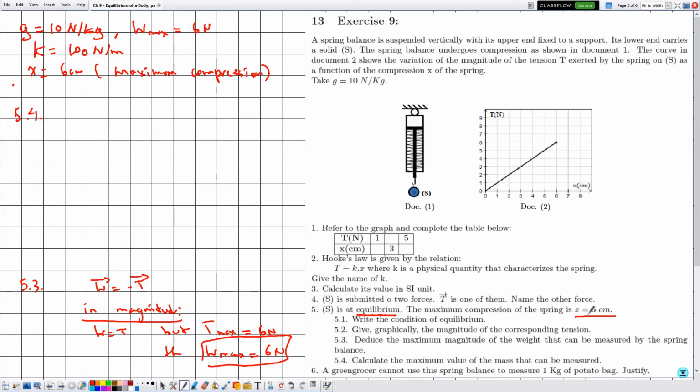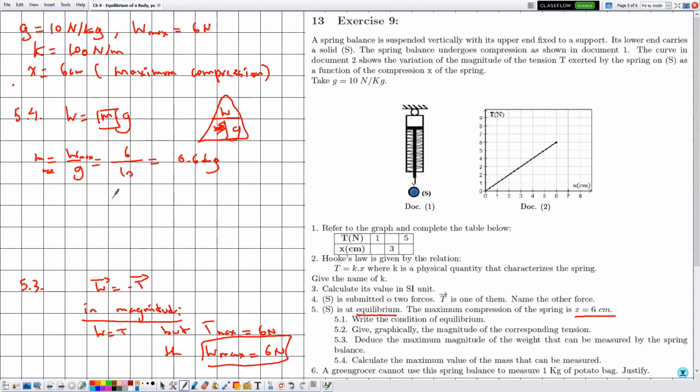Now in 5.4 we need to calculate the maximum value of the mass that can be measured. Knowing the maximum weight and knowing the value of G, we can determine the value of the maximum mass because weight is equal to M multiplied by G. So if this is the maximum weight, then this is the maximum mass. Then M max, which is given by 6 over G, this is equal to 0.6 kilograms.